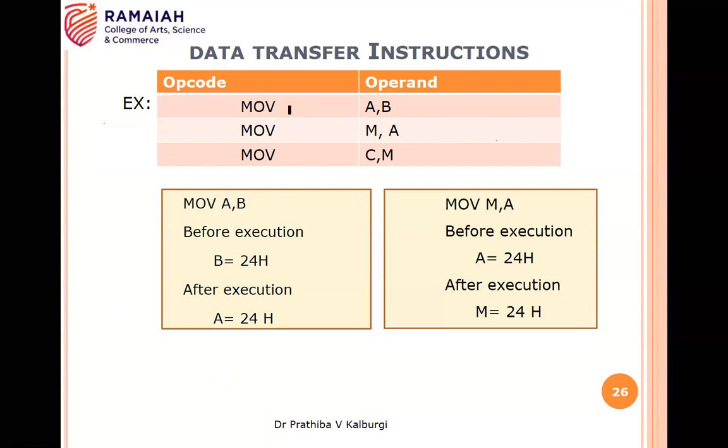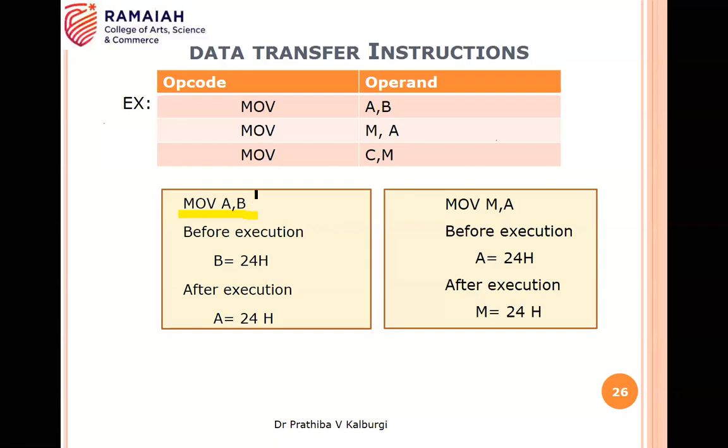So we have written it as MOV A, B. I have taken an example as MOV A, B. B is a register, and you're going to transfer the content of your B into your A register. Before execution, you have the content of your B as 24. After it executes your MOV A, B instruction, what is MOV A, B?